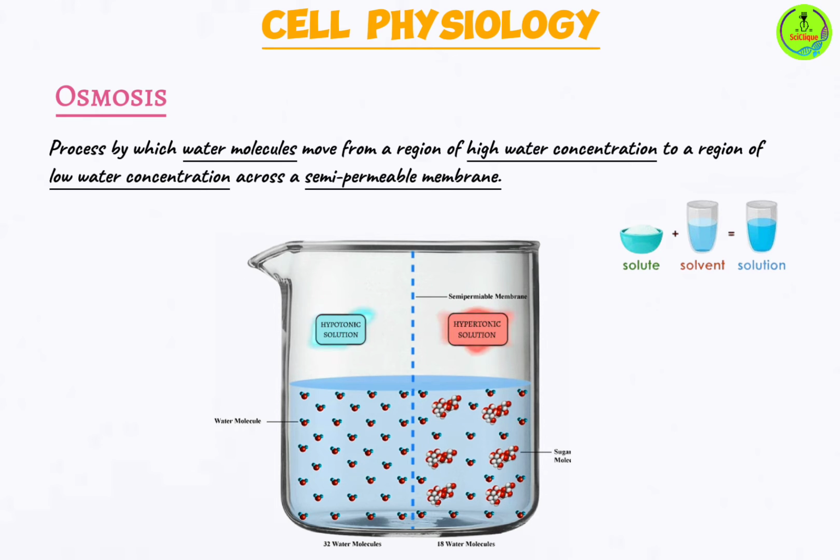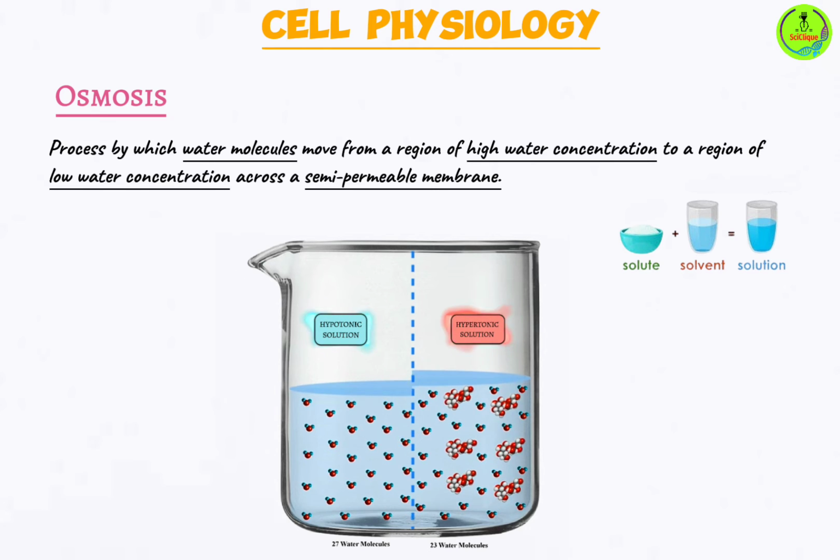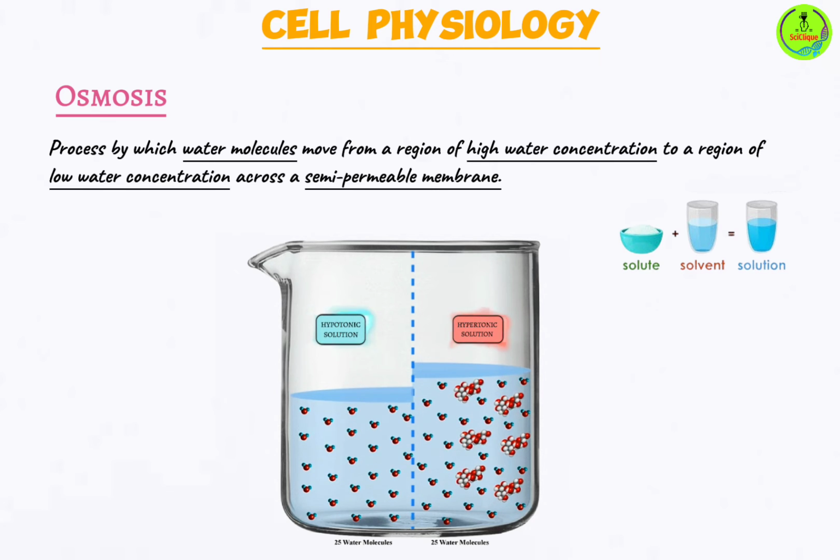How do I know that this is a semi-permeable membrane? You can clearly see that it has openings. These openings will allow the movement of molecules small enough to pass across. Water molecules are small enough to do so, but the sugar particles are not. So you're going to have the net movement of water molecules across the semi-permeable membrane and into the solution.